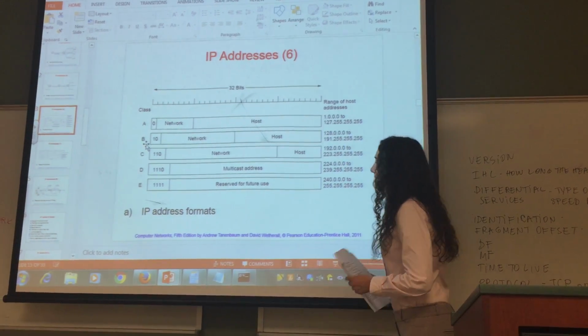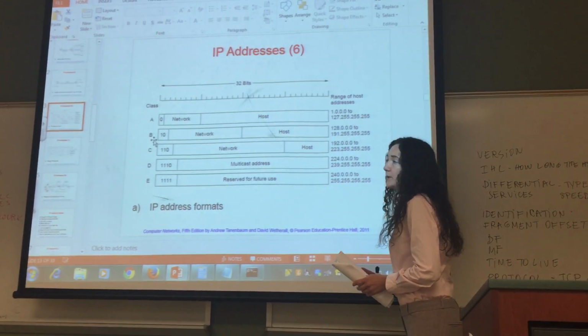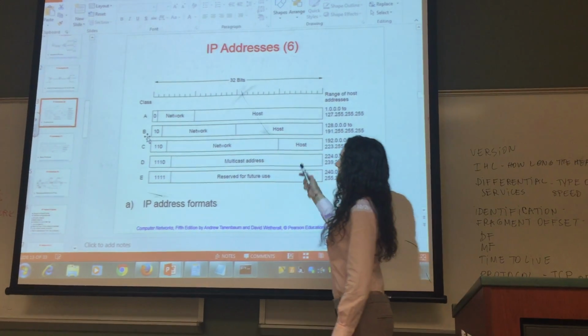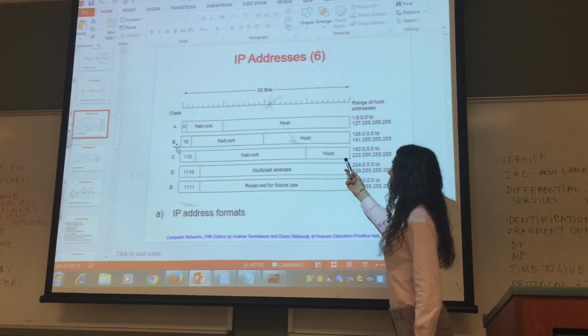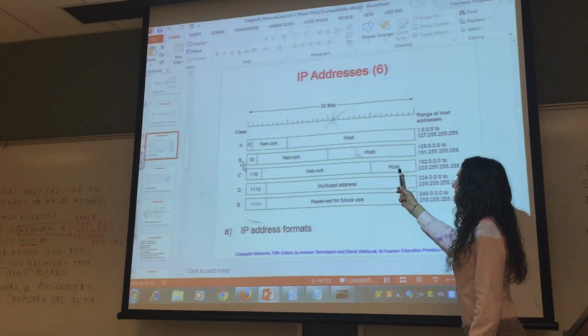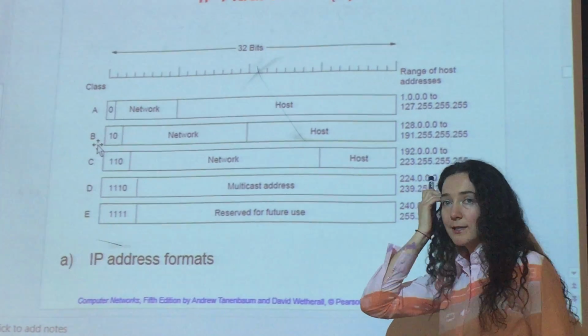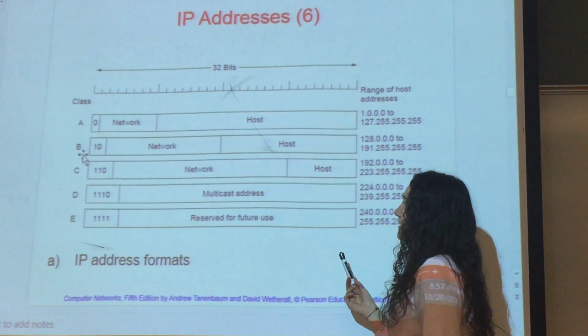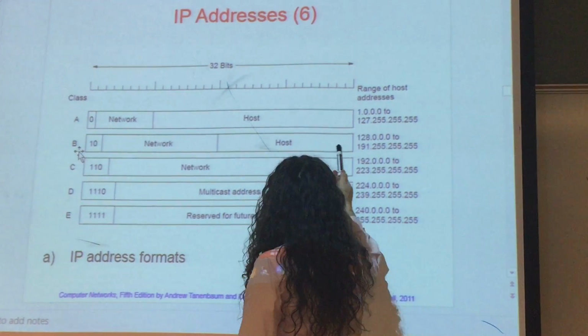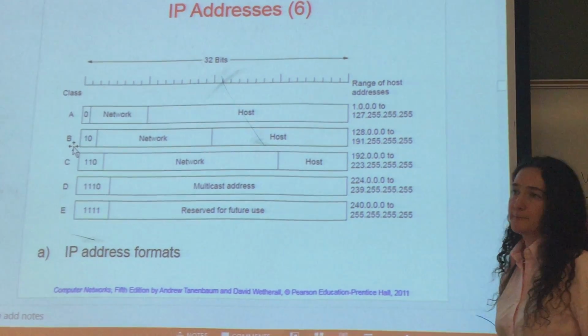Originally, big companies requested addresses of class B. The address that we just looked at is class C, which means we have 8 bits in the host portion. Originally, big companies requested addresses that have 16 bits in the host portion.